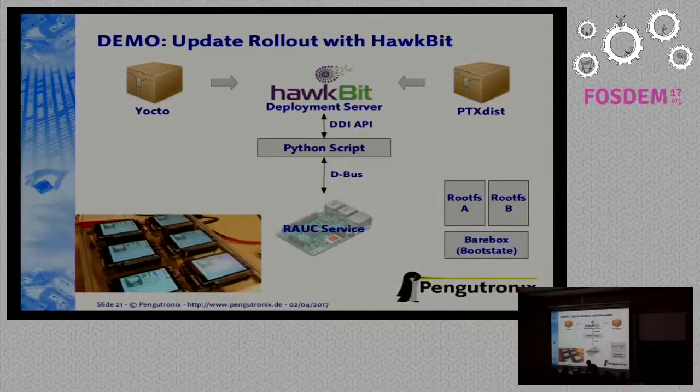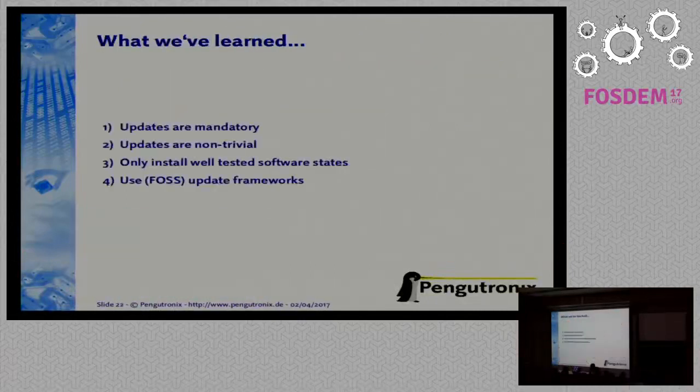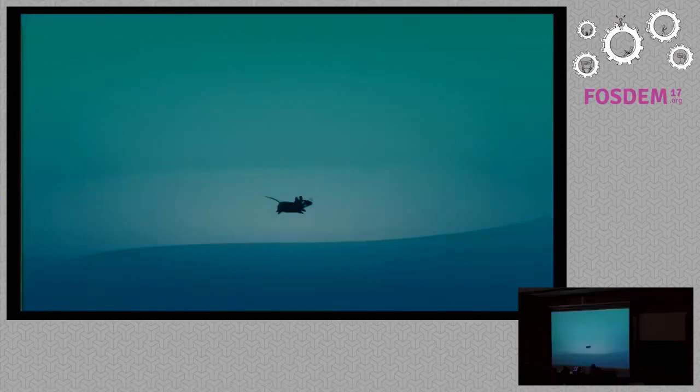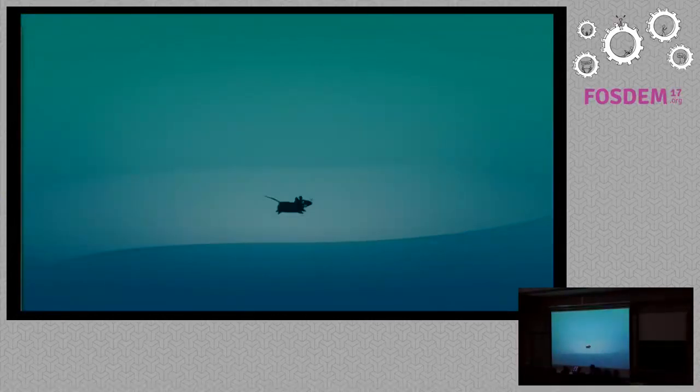Yes, thanks. So the demonstration you may all see here, these are six Raspberry Pis currently running a PTXdist-based image, and this includes the RAUC update tool. And I try to trigger the update before continuing the talk.